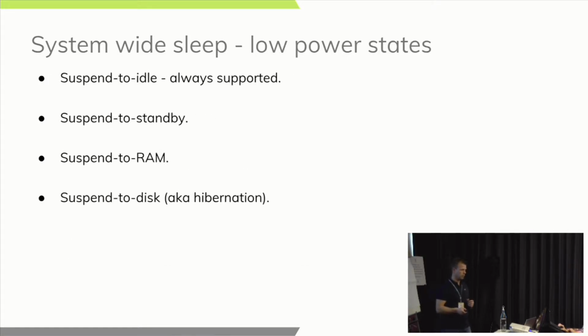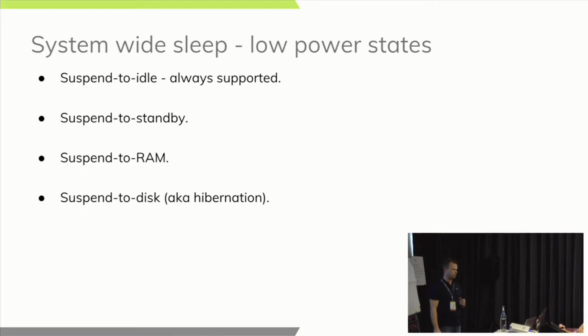There are different low power states supported by the kernel, and these are the main four. Suspend to idle is the newest one that's been introduced. It's been quite a while now, but it's still the newest. Then there's suspend to standby, suspend to RAM, and suspend to disk.